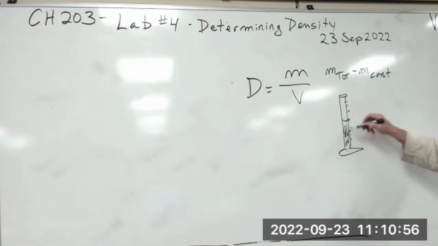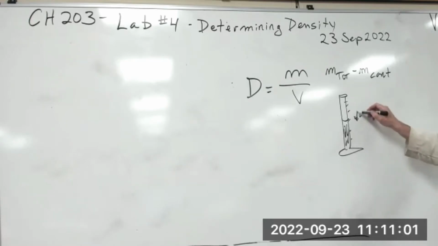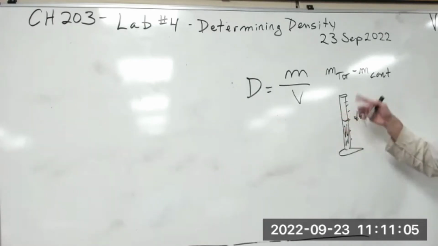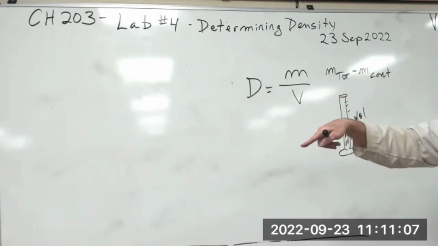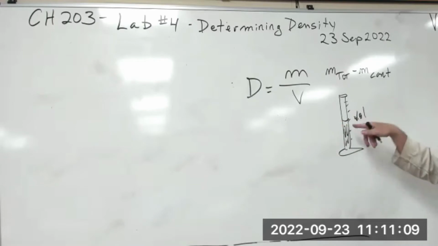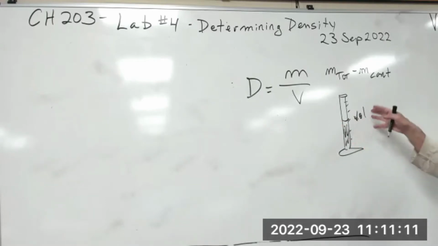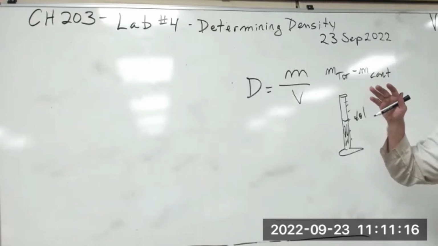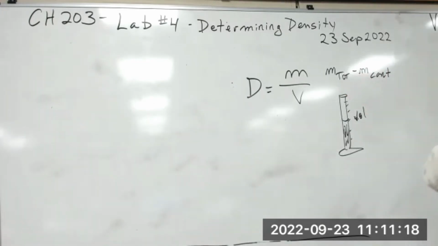Right? So you measure this is the volume of your stuff. Put that whole thing on the balance. Well, after you weigh the graduated cylinder, then you can get both volume and mass at the same time. Okay? So that's your liquid.